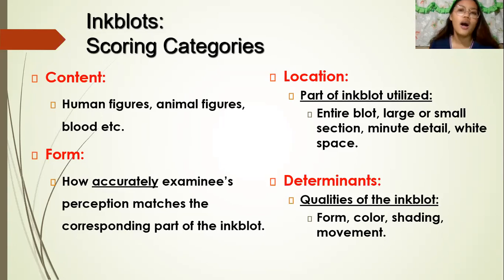Which part of the ink blot is being utilized? The entire blot, a large or small section, minute detail, or white space. The determinants of the quality of the ink blot response are form, color, shading, and movement.